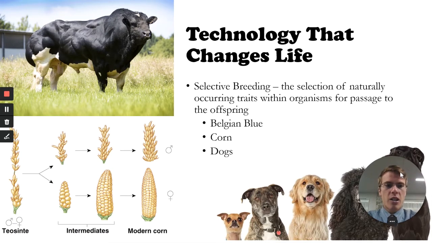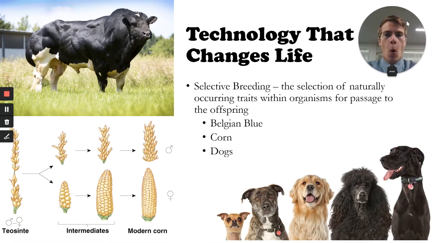Technology that changes life. So we're going to talk about selective breeding. This is an intersection between engineering and life science. Selective breeding is the selection of naturally occurring traits within organisms for passage to offspring. So it's when scientists take things like dogs, corn, cows, and they breed them to select for certain traits.